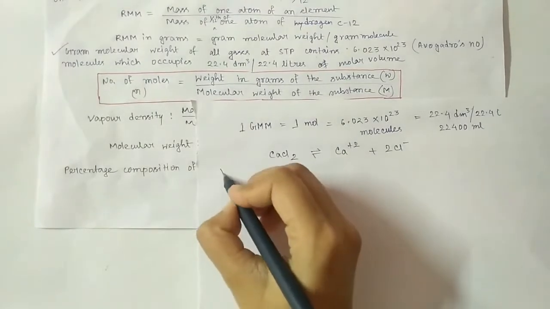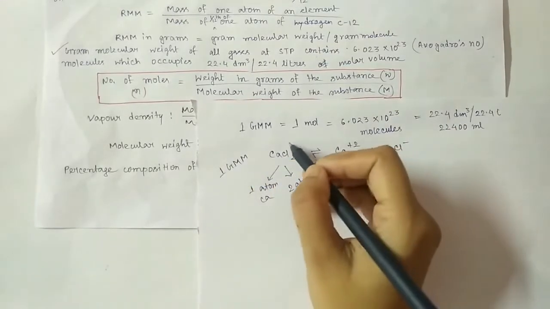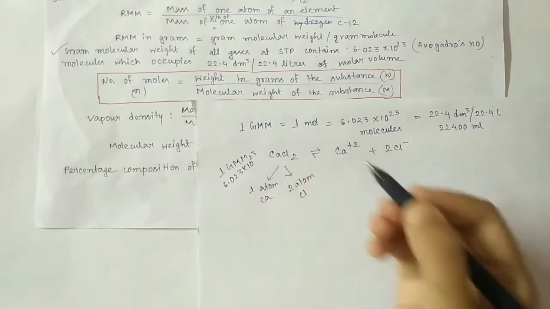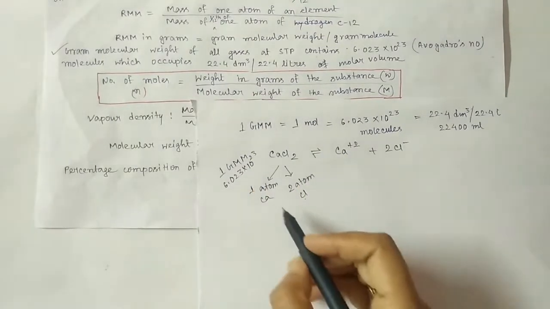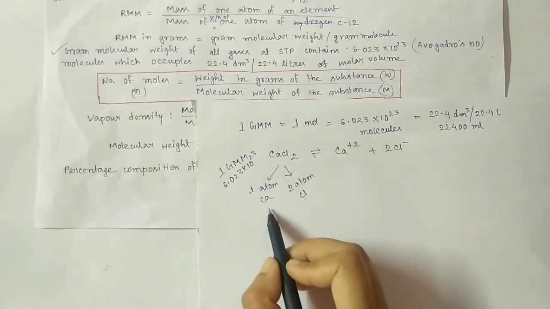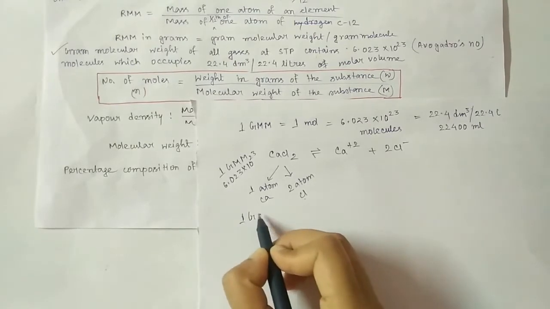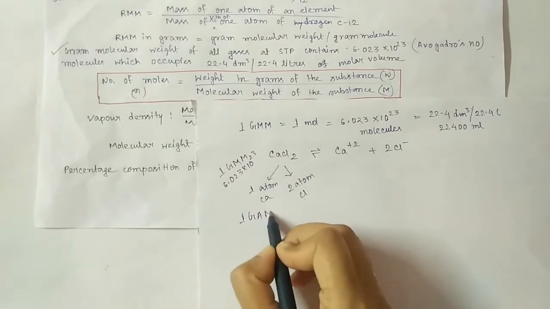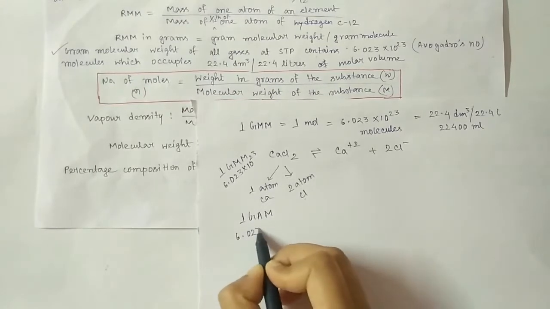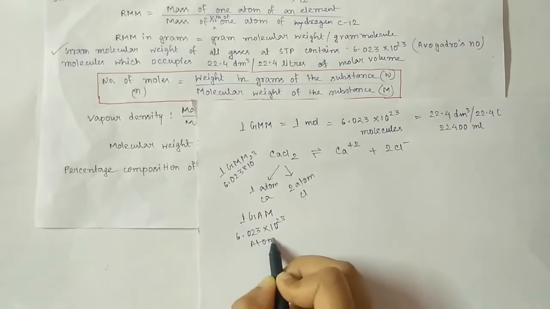When we consider 1 gram molecular mass of CaCl2, it will have 6.023 into 10 to the power 23 molecules. Similarly, in this CaCl2 molecule, the number of calcium atoms will be of 1 gram atomic mass, and thus here it also will be 6.023 into 10 to the power 23 atoms.